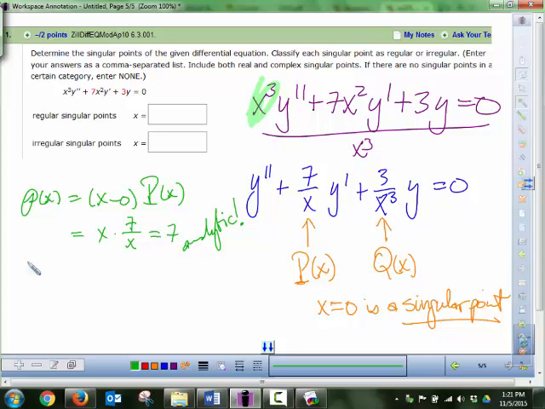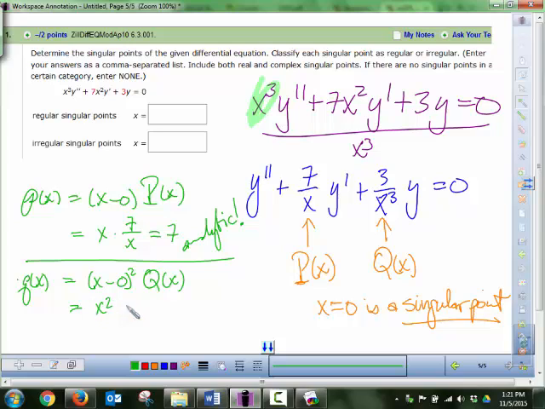Let's see if it stays regular. The next thing to do is to get your Q of x function. This time, you're going to multiply by the square of what you multiplied for the P of x. And if this becomes analytic, then we can say, yes, this is a regular singular point.